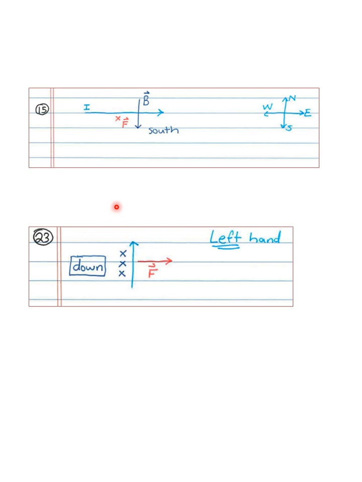So I'm going to take my left hand, because it's a negative particle, point my hand and fingers up on the page. My thumb goes to the right, as you see there, with force. And then when I curl my fingers at a 90-degree angle, it goes into the page, which on a map would be down.